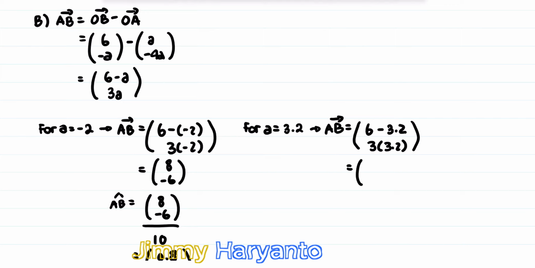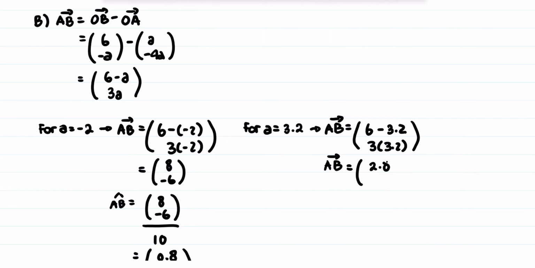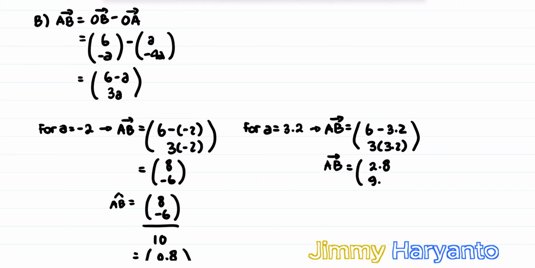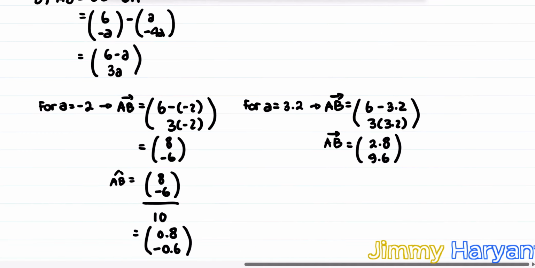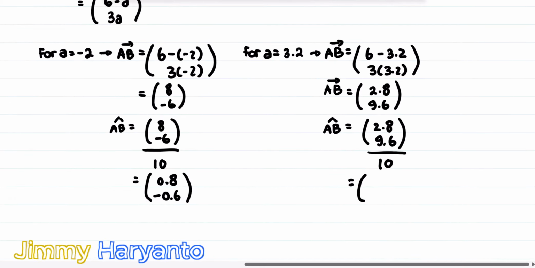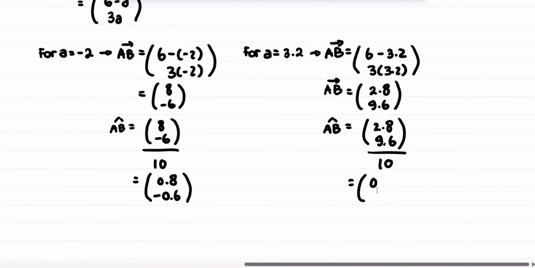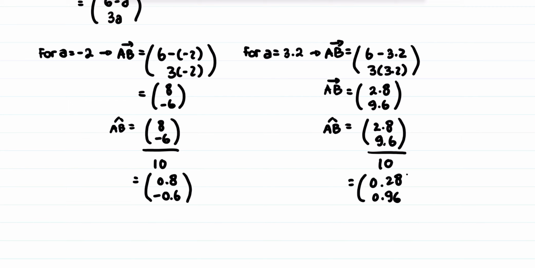Okay, so the vector of AB equals 2.8, and then this one is 9.6. Then the unit vector of AB equals the vector divided by the magnitude, equals 0.28 and 0.96. There we go.